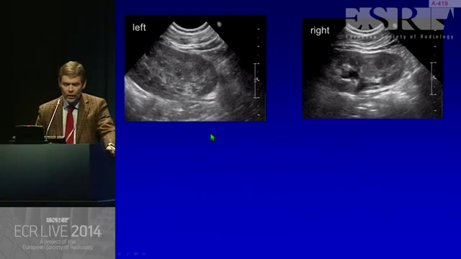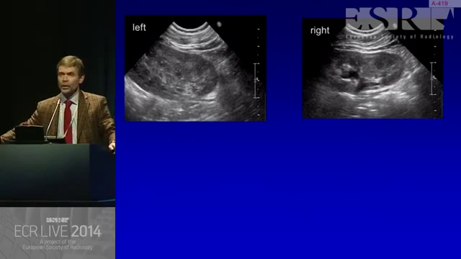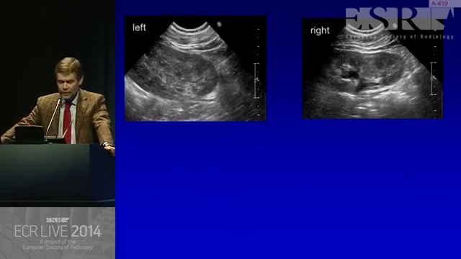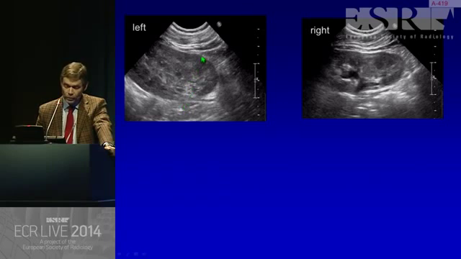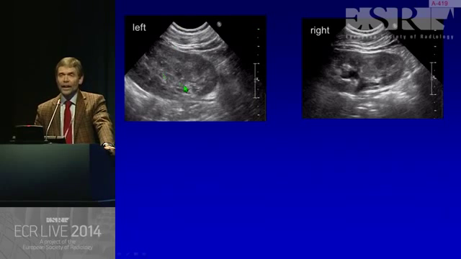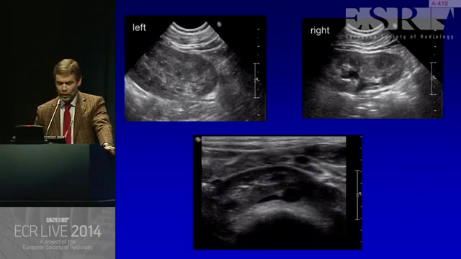And this is a mistake you all are going to make, because I have made it several times. If we look at these two kidneys, and we look at these lower poles, which look quite normal, this patient still can have a horseshoe kidney. And I have missed several horseshoe kidneys in my career because they can look so completely normal. You really have to look for the parenchymal bar.